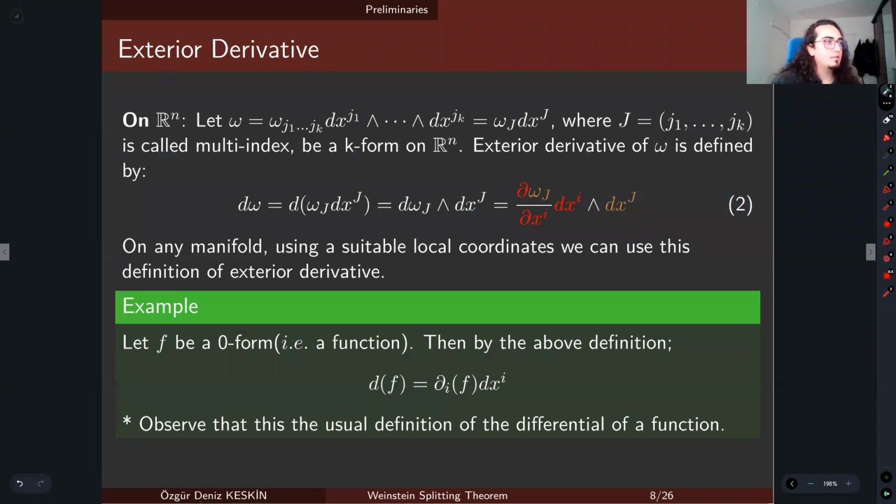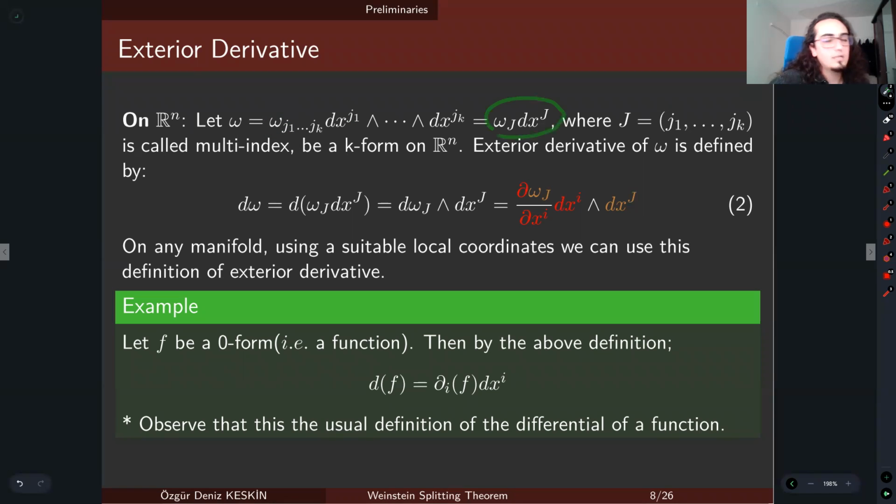And we can define the exterior derivative of k-forms. For simplicity, first let's study on R^n. Let omega be a k-form, and we can represent it like this. Here I used the Einstein summation convention, which means that when there's an index appearing one down and one up, there's a summation sign in front.